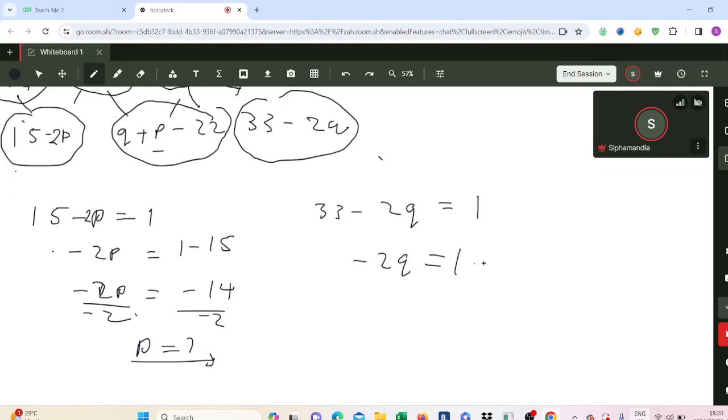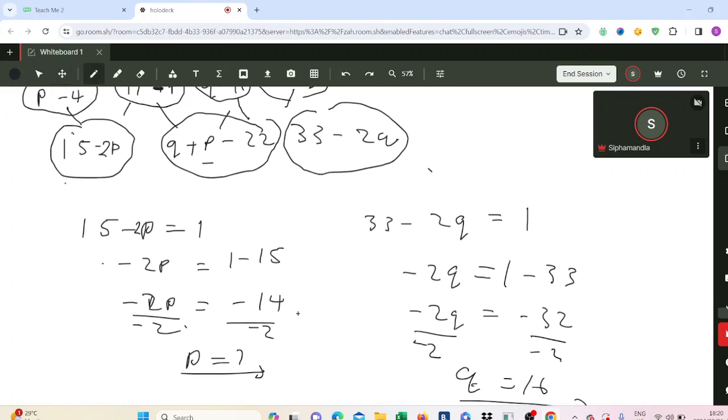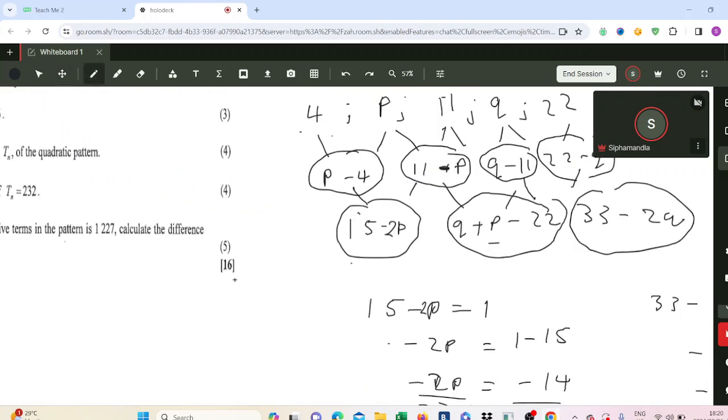Then we have 1 minus 33, and then we have negative 2q equal to negative 32, right? And then we can divide by negative 2 on both sides, and then we have our q as 16, right? So now we have proved that p is equal to 7 and q is equal to 16, right? So we just answered the first question, right?